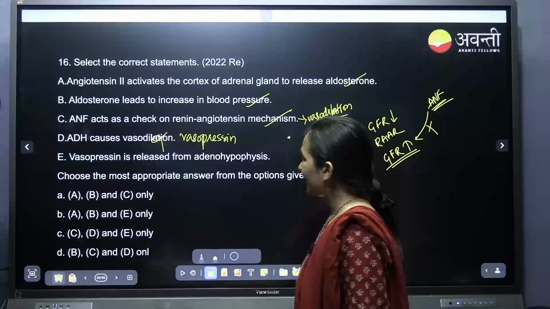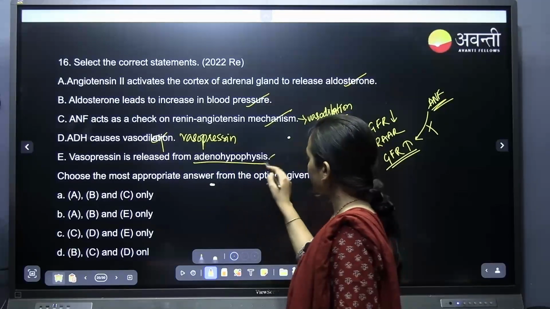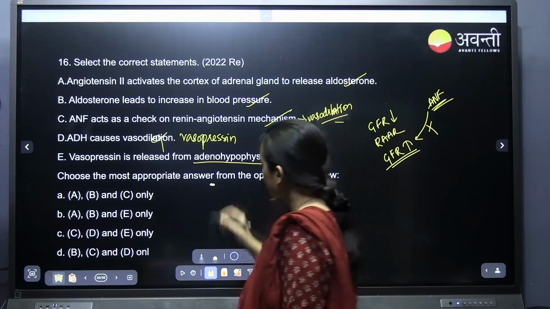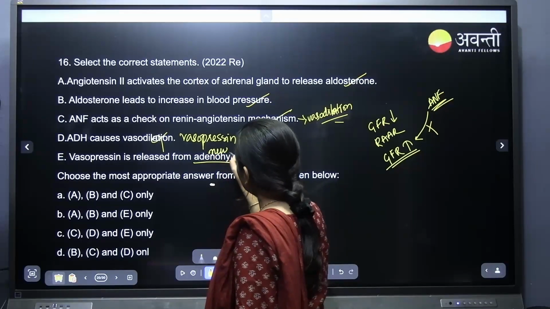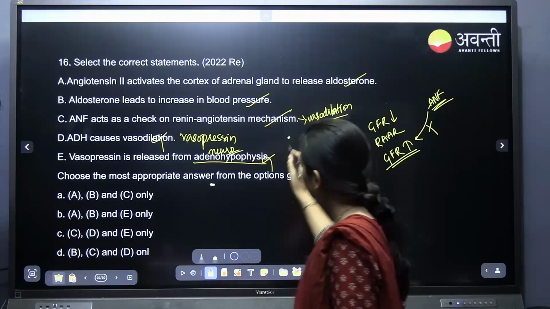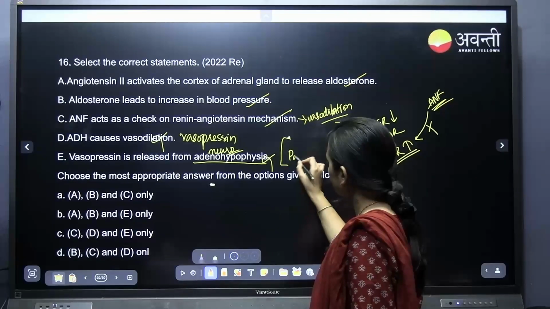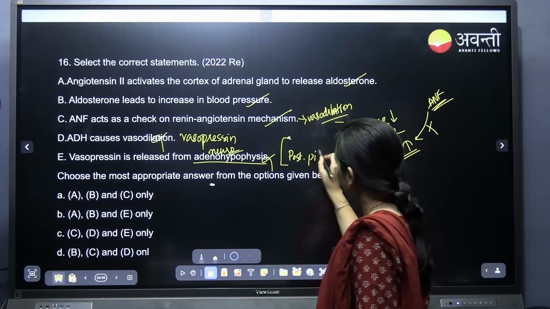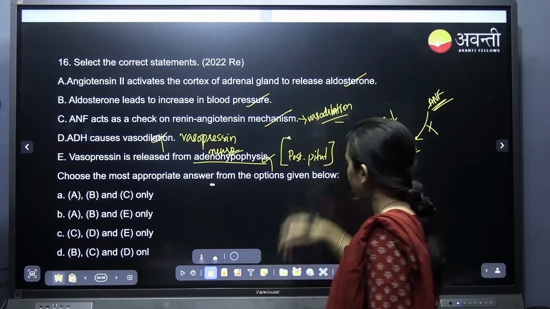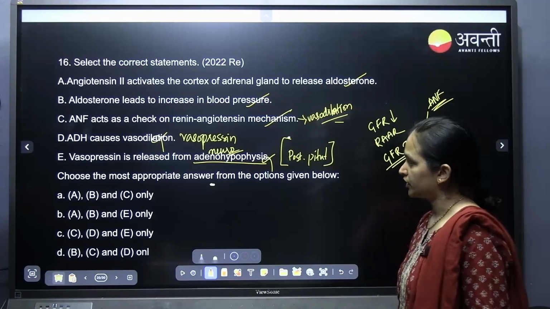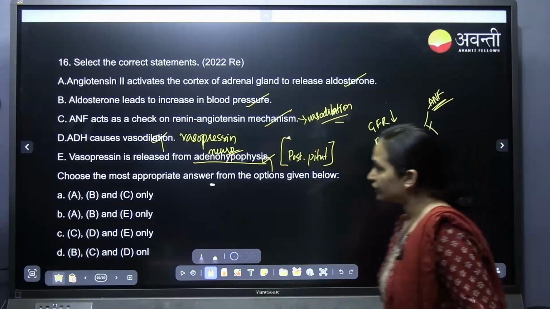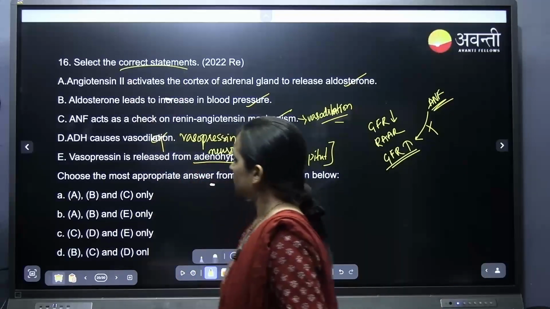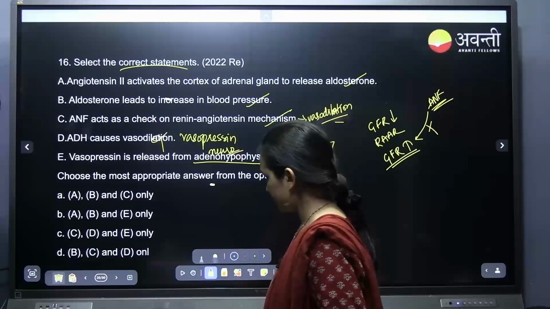Vasopressin is released from the adenohypophysis. Is released from the neurohypophysis. What do you mean by that? Posterior pituitary. Understood? It is the posterior pituitary, which means D and E are wrong. We need to find the correct statement. That is ABC.